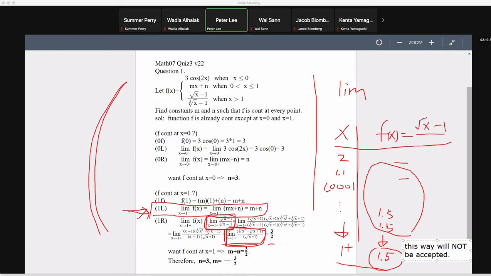And the same thing goes for graphing. Never write the answer, never justify any procedure by graphing. Some of you did this, and graphing is not accepted.